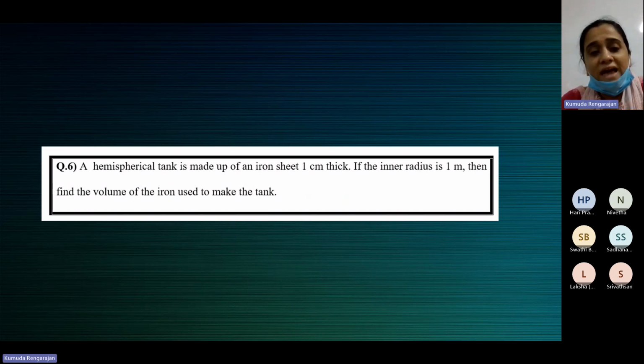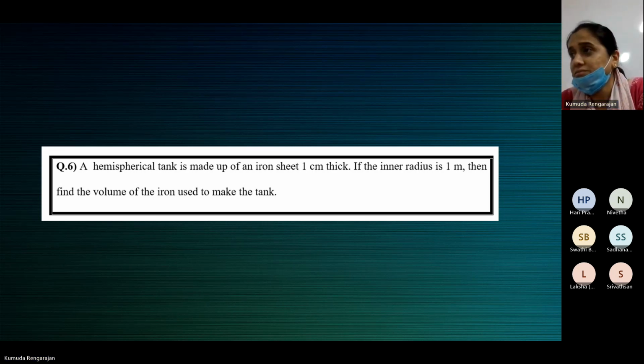So a hemispherical tank is made up of iron sheet 1 centimeter thick. If the inner radius is 1 meter, then find the volume of the iron used to make the tank. So here there'll be 2 radii, one inner radius and one outer radius. The inner radius is 1 meter or 100 centimeter.